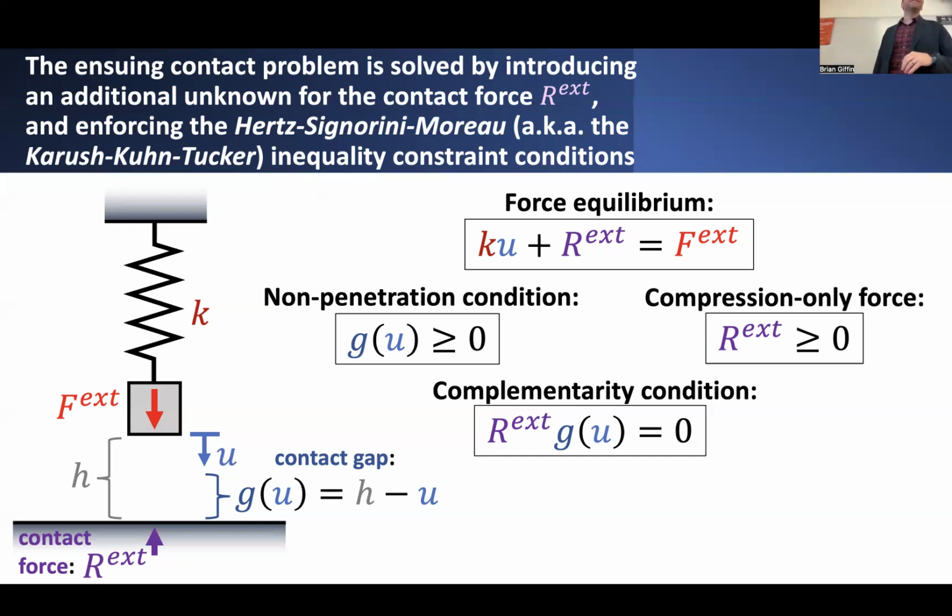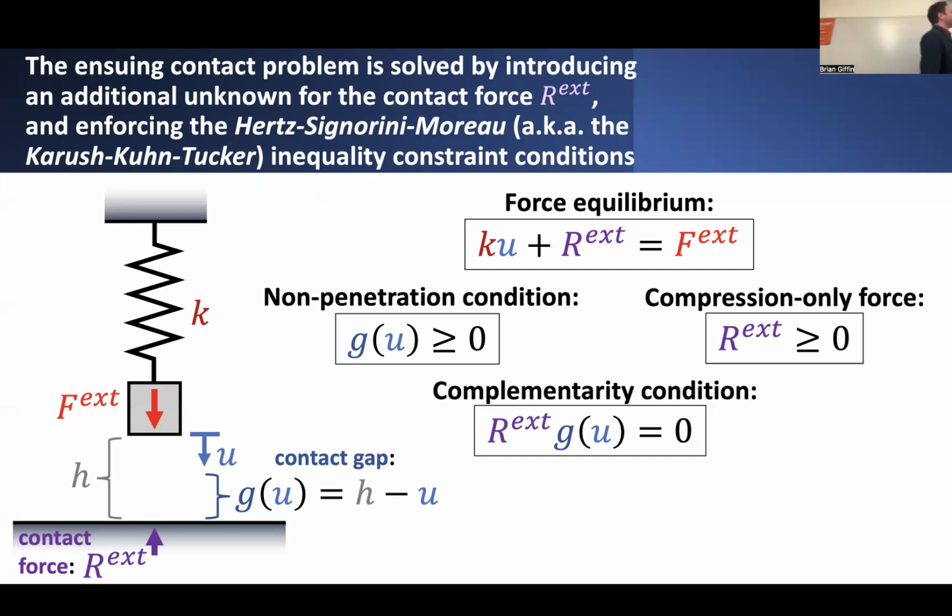Now, there's one additional constraint that we have to introduce, and that's this fourth condition, sometimes called the complementarity condition. And this is effectively a statement that says the reaction force and this gap function, only one of them can be non-zero. And if one of them is non-zero, then the other one has to be equal to 0.